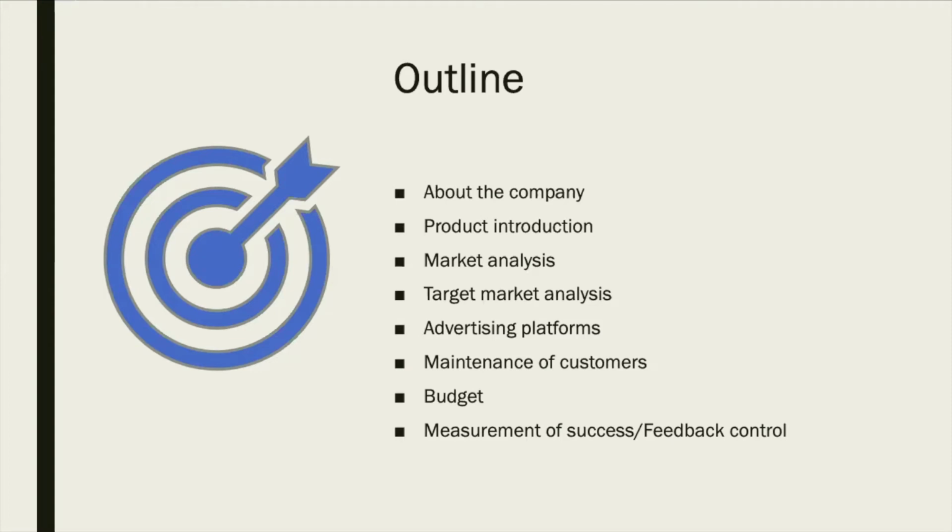And later, I'm going to introduce some of the platforms, mostly social media platforms we're going to be using to advertise our products. Shortly after that, we're going to introduce some of the ways that we use to maintain our customers. And just after that, I'm going to introduce our budget.